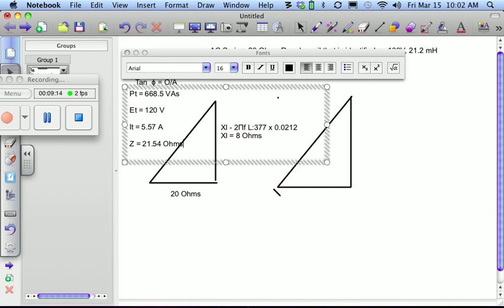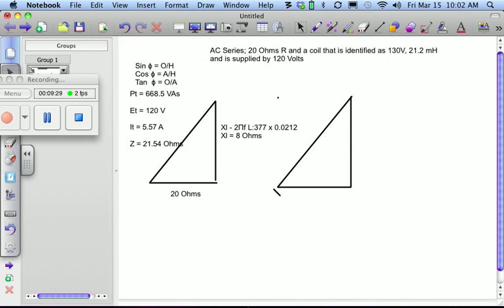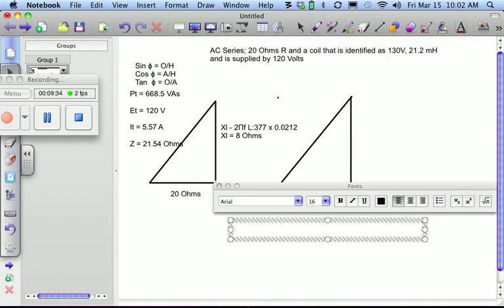We don't know the side adjacent, but we do know the cosine, right? And the cosine is 0.9284. I'm assuming that's correct.